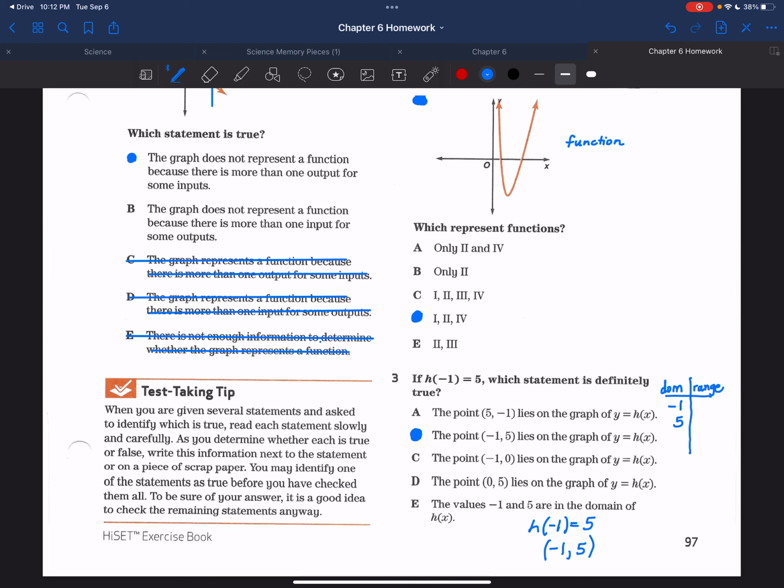What is actually true is that -1 is in the domain and 5 is in the range. So E has the right numbers, but it doesn't have the right vocabulary, the right order of the numbers.